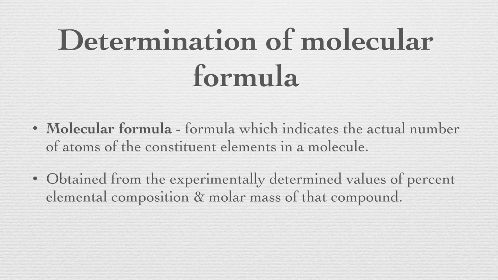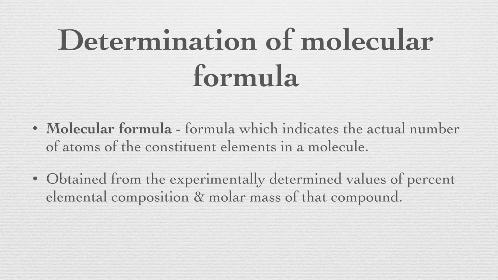That means it contains 2 hydrogen and 1 oxygen atoms. Similarly, the molecular formula of carbon dioxide is CO2. That means it has 2 elements, carbon and oxygen, with 1 carbon atom and 2 oxygen atoms.